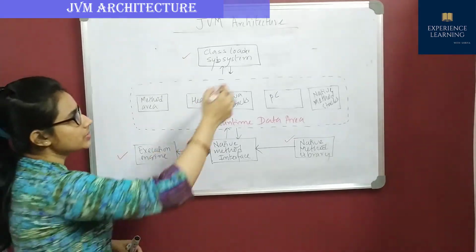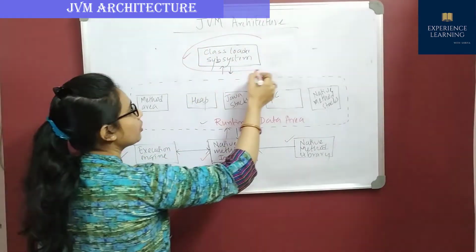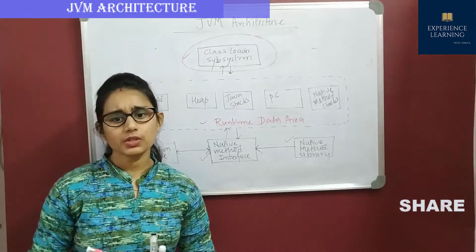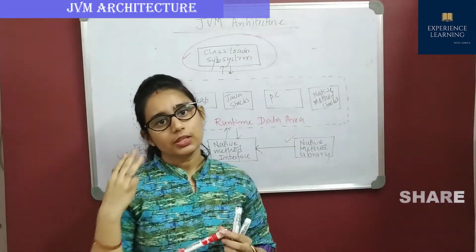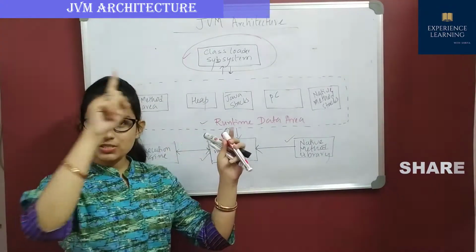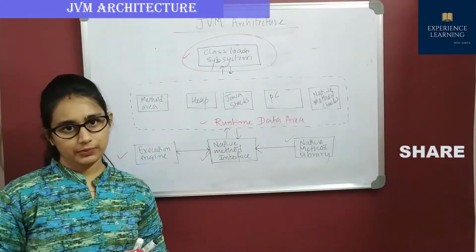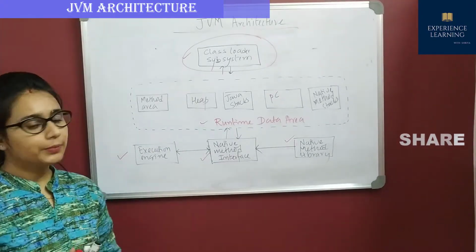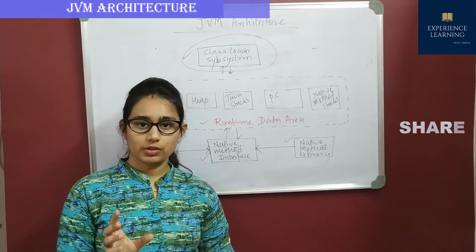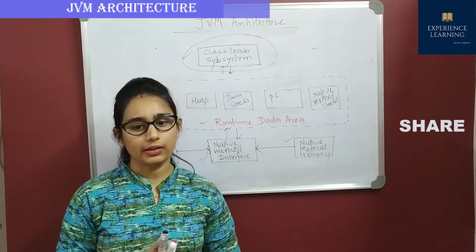First I am going to discuss the function of the class loader. What is the function of the class loader? It actually does 3 things. Number 1, it loads the class file. Then it verifies the bytecode, whether it is legal or illegal.